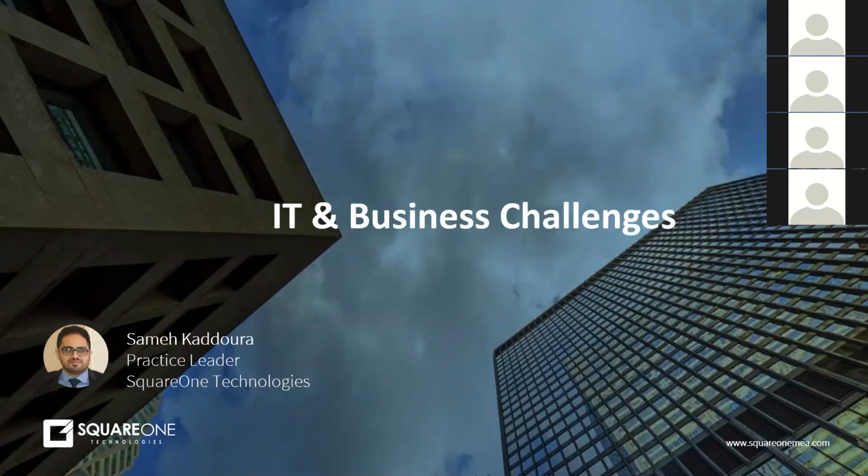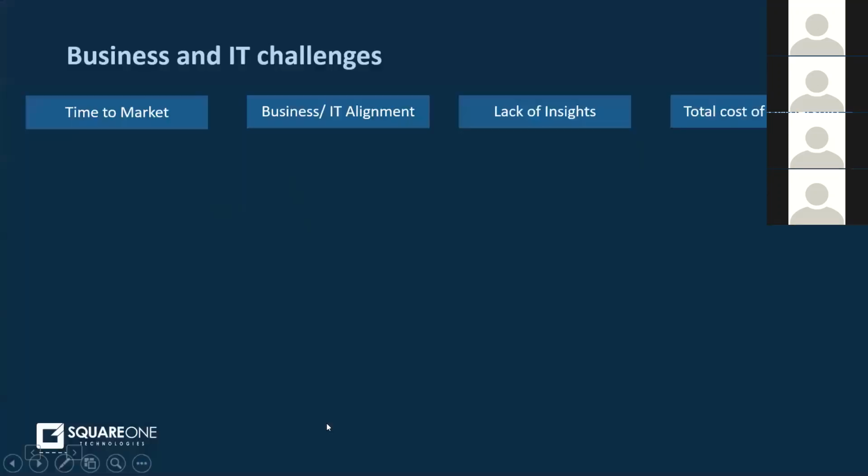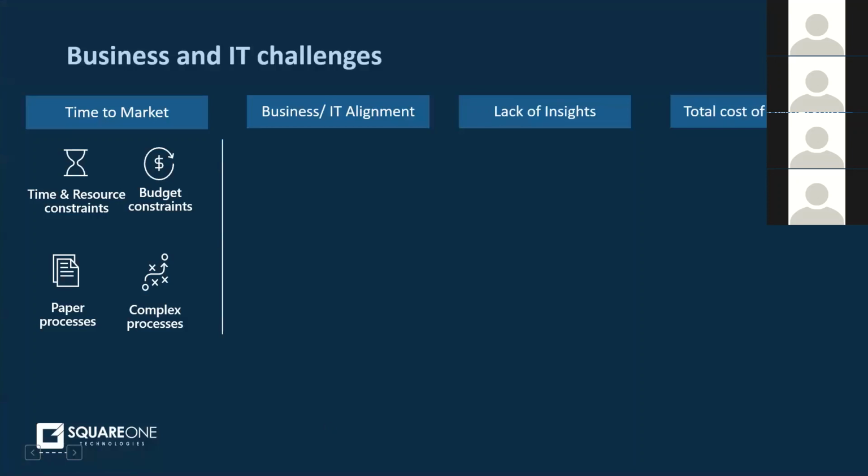Okay, so I will start with the IT and business challenges these days in every organization. A lot of organizations today are having a problem managing the different resources, the budgets, and the paper processes and complex processes happening within the organization. For the business and the IT, there are constantly changing business expectations and shadow IT governance.